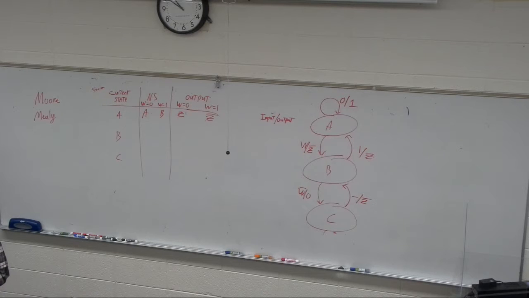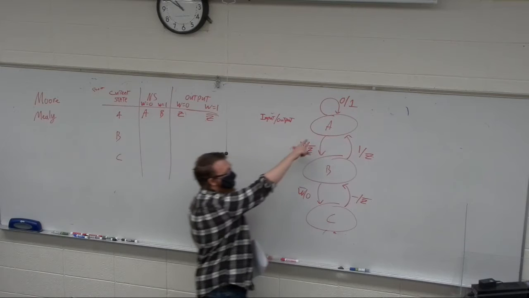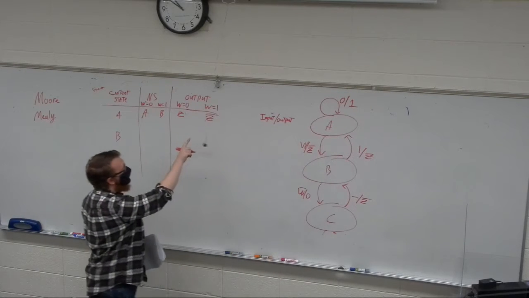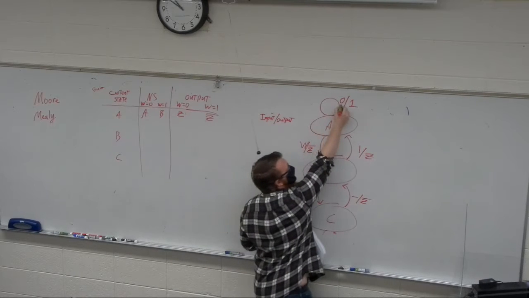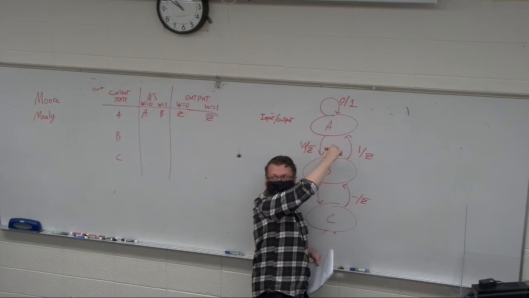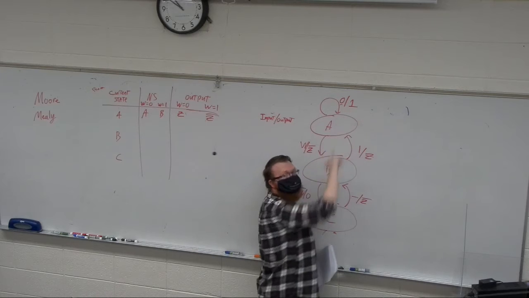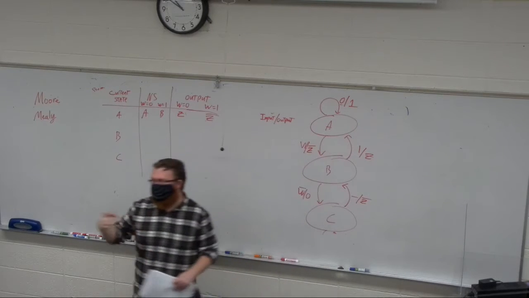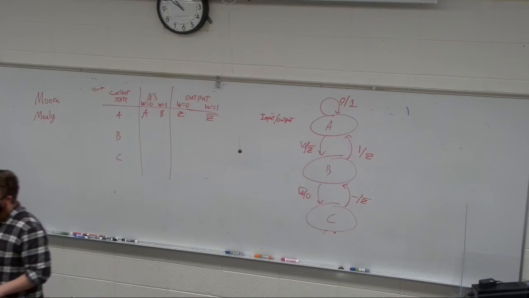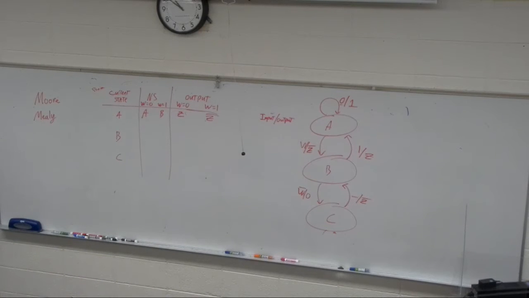Does everyone see that? I'm in state A. I get a 0. That means I'm getting this 0, but I'm staying in state A and outputting this 1. The output in all of these is Z, but they can be represented as 1 or Z or Z bar. I thought that was like the Z that we did on the mock.